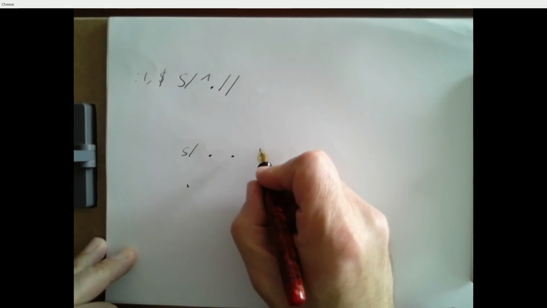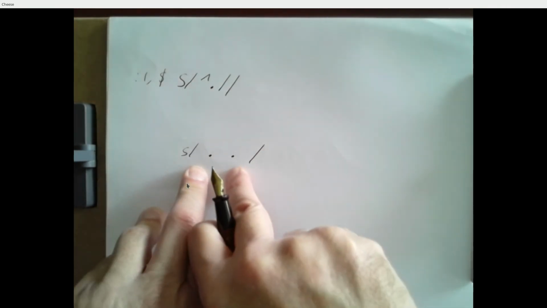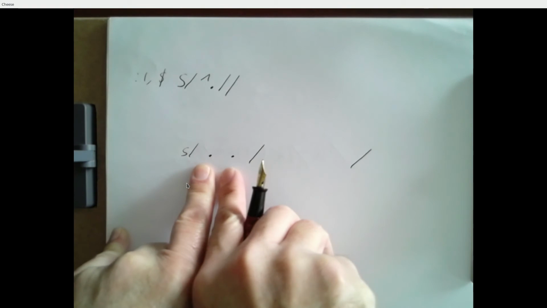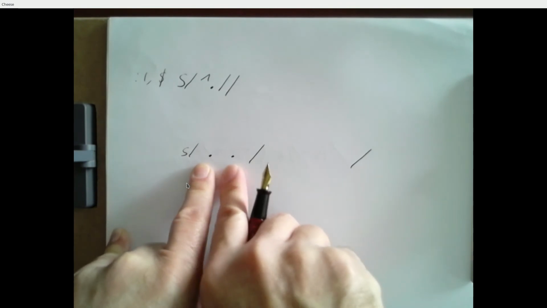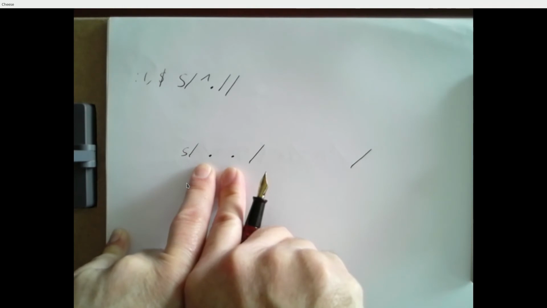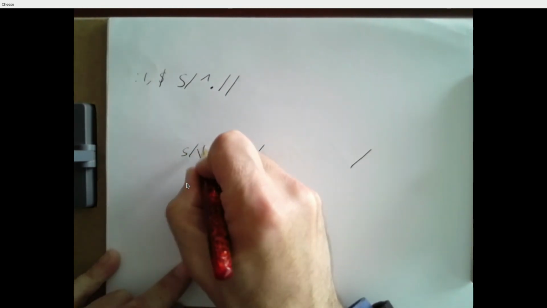And in these substitutes, whatever we put over here is going to get completely thrown away and replaced with whatever we put over here. So since we're using that first character in order to get to the second character, this right here is going to get rid of the first and second characters. Well, if we only want to get rid of the second, we've got to keep the first somehow. And this is where we can throw some parentheses in here.